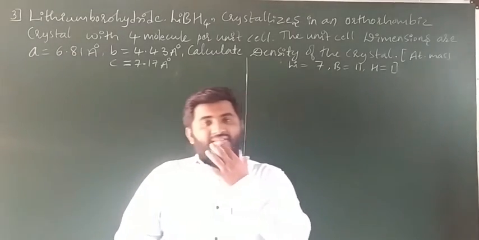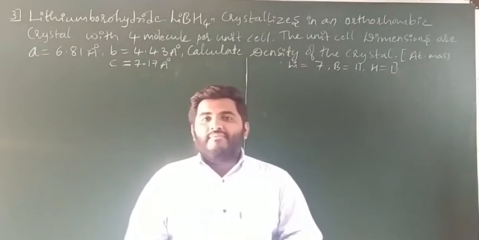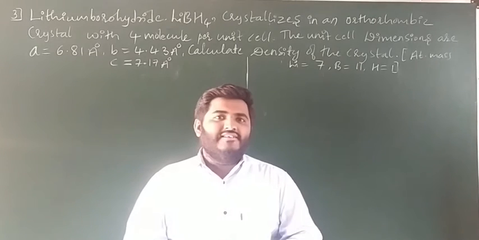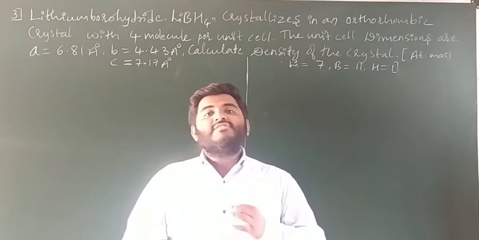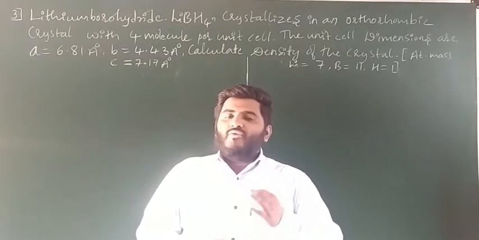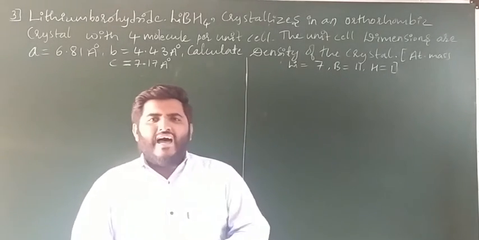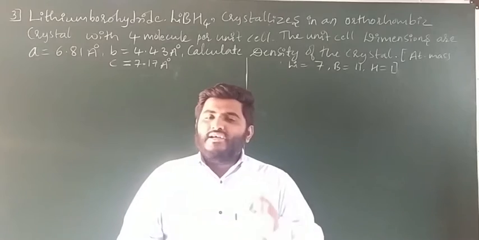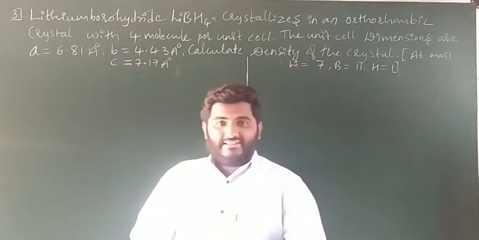Okay, so in the previous class, we have discussed packing efficiency in BCC as well as problems on density. We know that density D is equal to Zm divided by A cube Na. That is the formula we have.